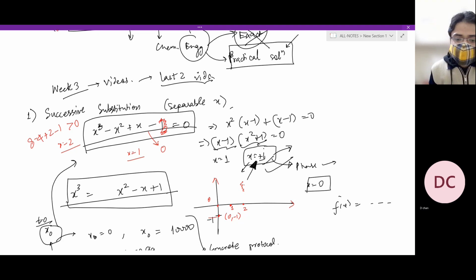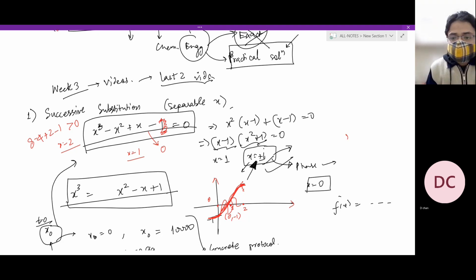So that means that it is going something like this. We don't care about what is happening here. It might be like this or whatever. We just know that at x equals 0, the function is below the x-axis, and at x equals 2, it rises above the x-axis.